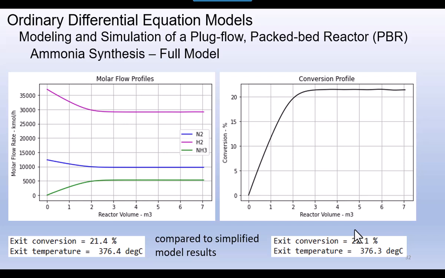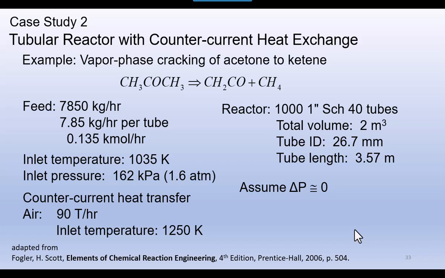After a break here, we're going to take a look at a second case study example, which is shown here. This one is taken from the Fogler text on chemical reaction engineering, one of the most common texts used to teach chemical reaction kinetics. It's for cracking of acetone to make ketene with a byproduct of methane.